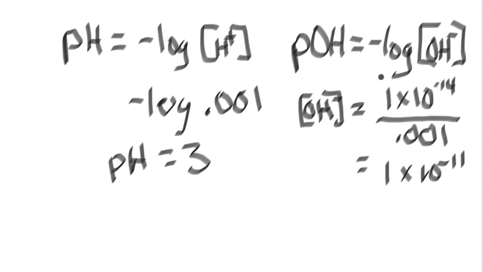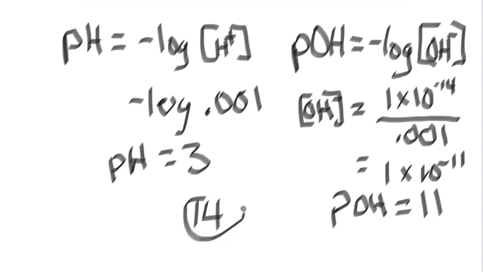And if we take the negative log of this number to get our pOH, we get a pOH equal to 11. So if you look at these two numbers, pH and pOH, and you add them together, you get 14.